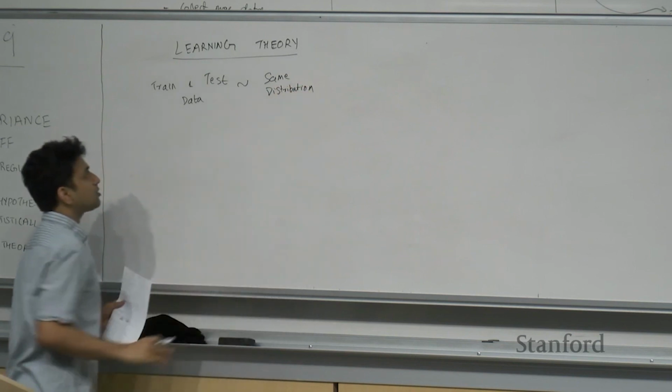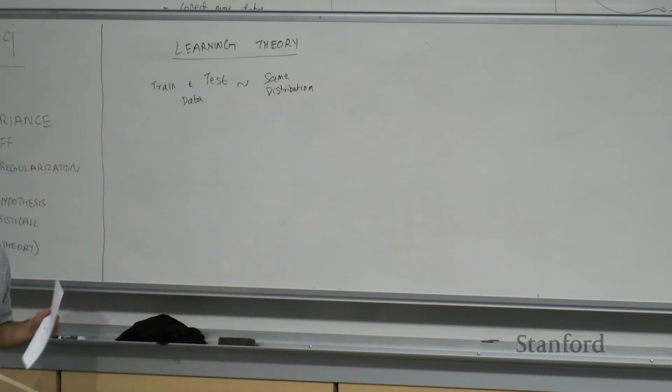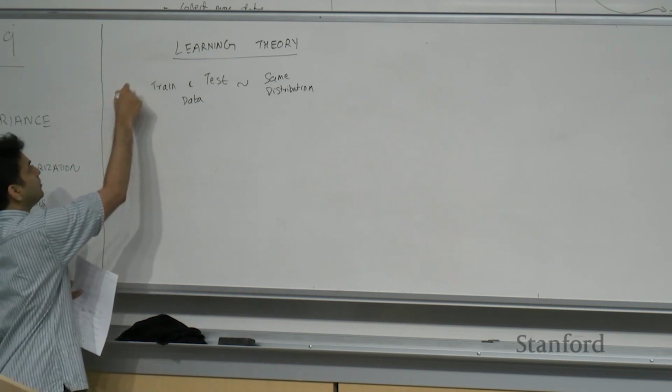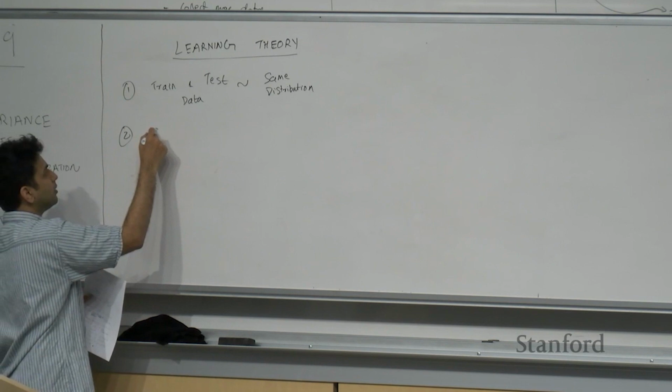If this assumption is not there, it's very hard to say anything at all in general. So the underlying assumption that we're going to make is that our training and test data come from the same distribution, and our examples are sampled IID.